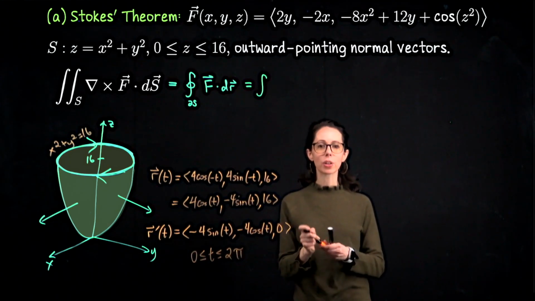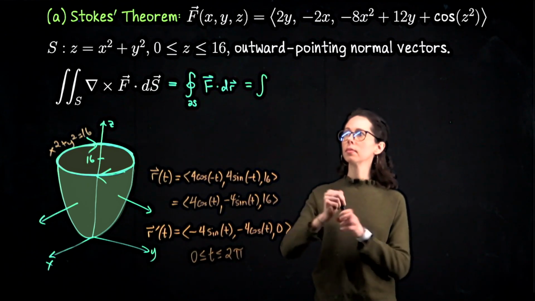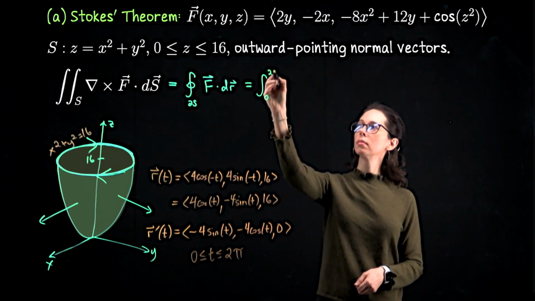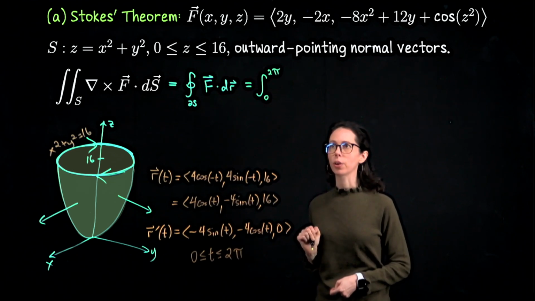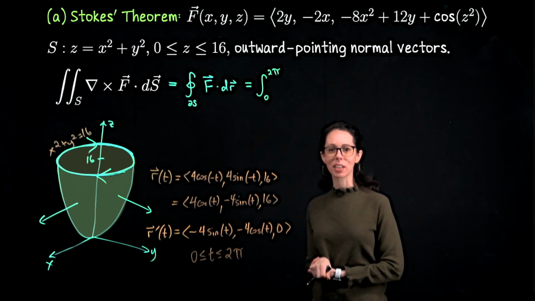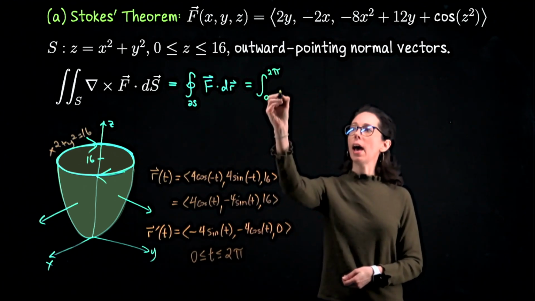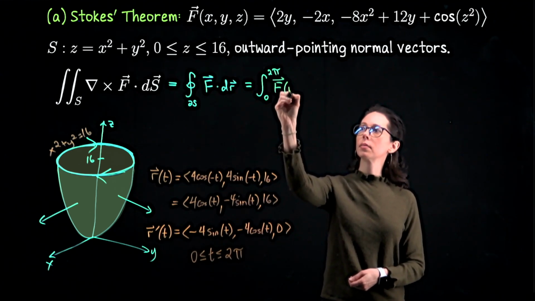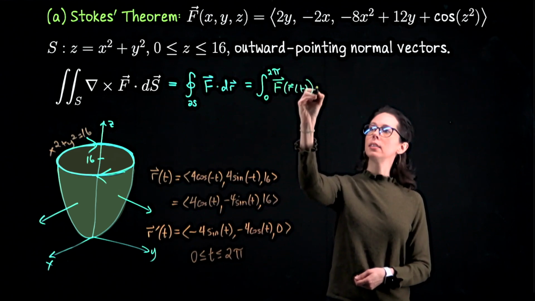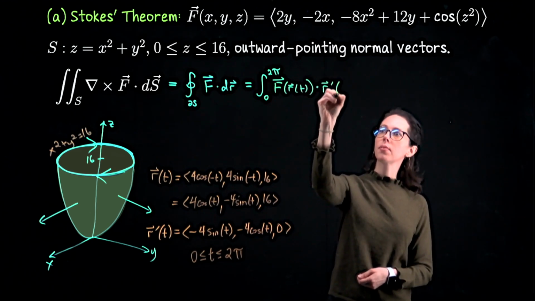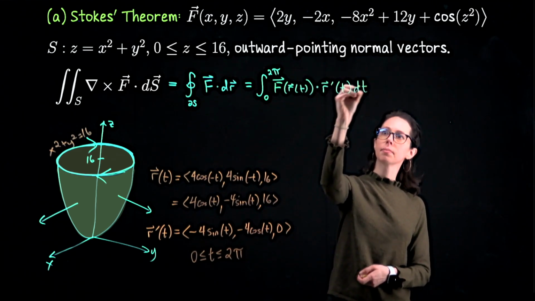So our parameter t goes from 0 to 2 pi. So I'll go ahead and put that in for the bounds of the integration. Then we are going to need to evaluate this by doing f of r of t dot r prime of t dt.